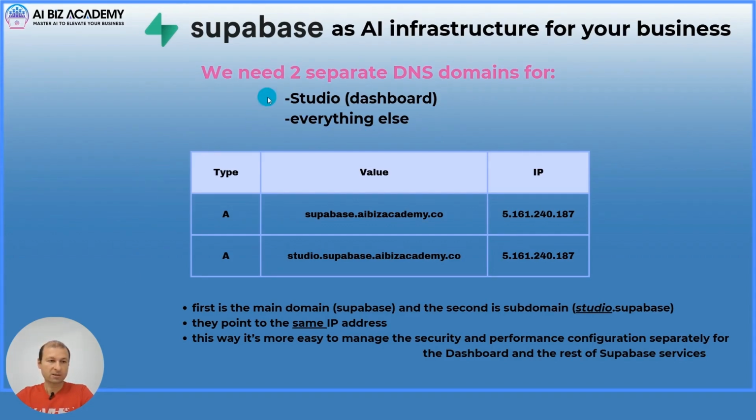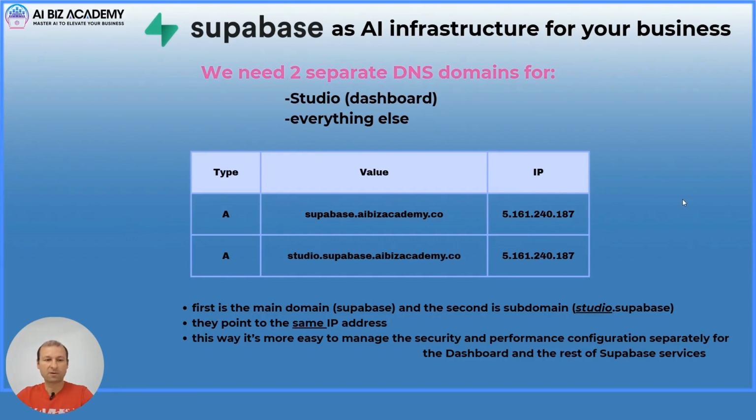So why this separation? Because it is simpler and less confusing to have security and configuration files separate for the studio and everything else. To the point, in Nginx, when we do the security and performance configuration for the studio and the API, it will be much easier to have two separate configuration files.